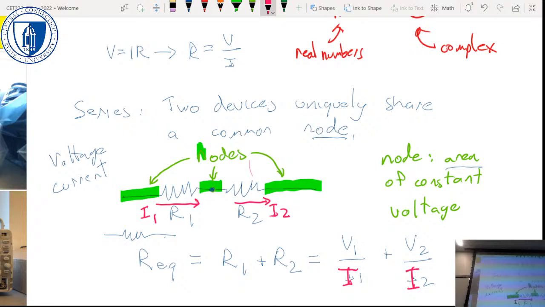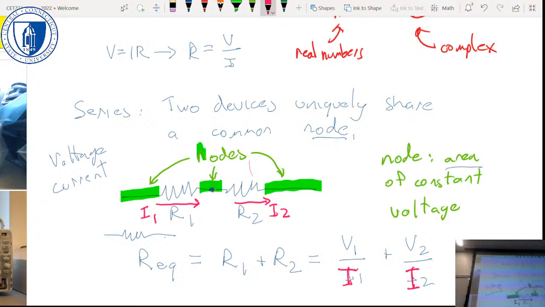Another way to say the same thing is the sum of the currents flowing into the node must equal the sum of the currents flowing out of the node. Right? And it all depends. This is one way to do it. The other way, the way I just said it the second time, is if we have I1, I2, I3, and I4.